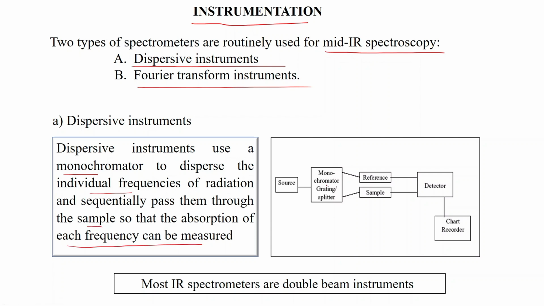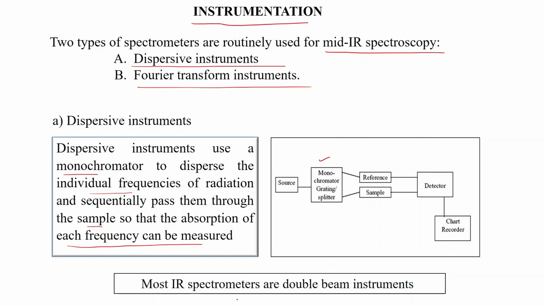So here there will be a monochromator that will disperse the individual frequencies of the radiation and sequentially pass them one by one to the sample or to the reference cell, so that the absorption of each frequency can be measured.